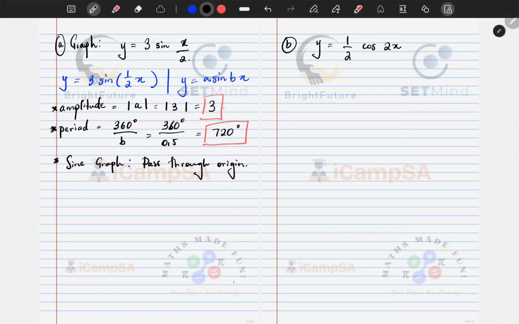You don't have to cram this. Even if you put sine 0, sine of 0 degrees is always going to give you 0.